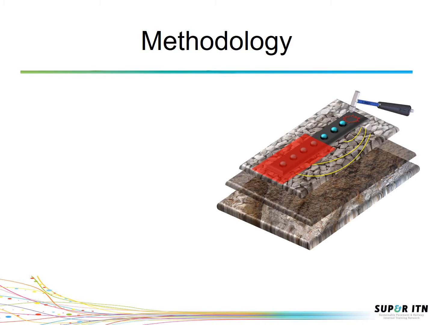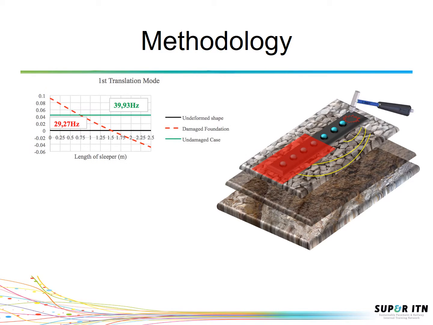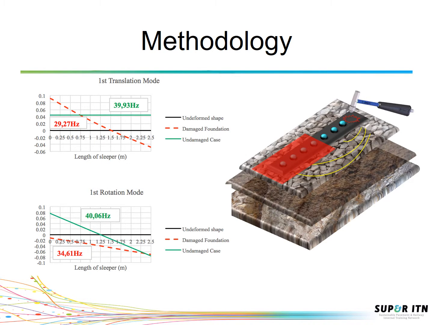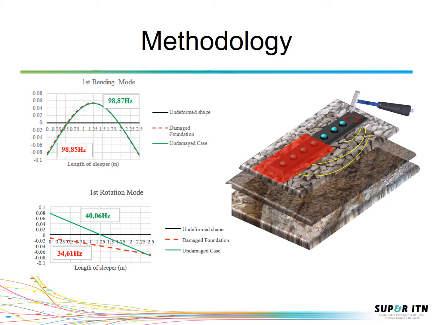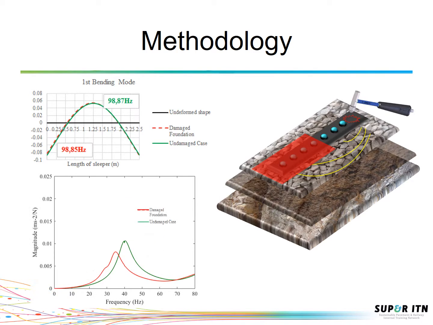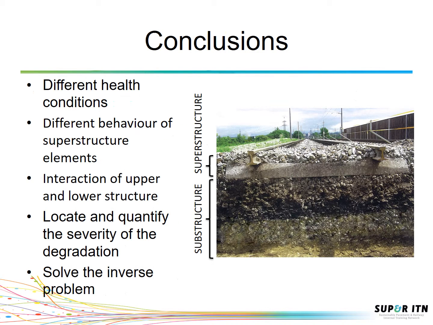If we excite the railway sleeper, record the response and post-process the data, we can see that plotted mode shapes for lower frequencies and plotted frequency response functions differ from the case when there is no change in the sleeper support. This is encouraging us to go further.